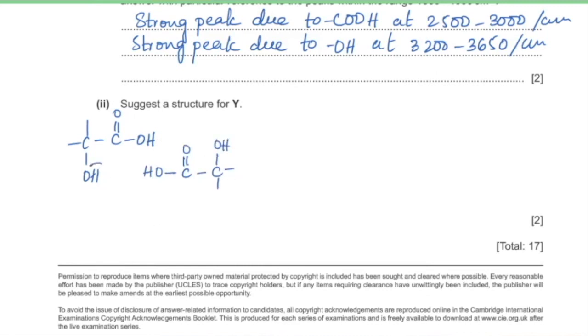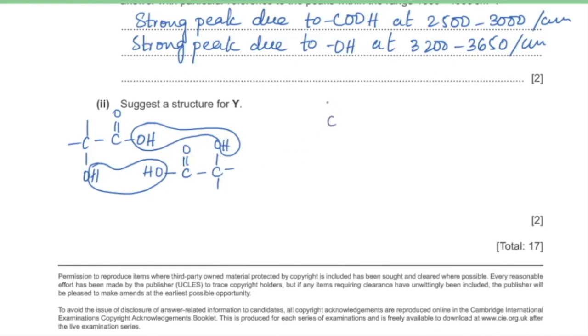Now hydrogen from this hydroxyl group and OH from this carboxylic acid group will be reacting, and this OH and the hydrogen from this hydroxyl group will be reacting, releasing H2O molecules. Now these two will be connected. These 2 moles of glycolic acid will be connecting with the release of water molecules.